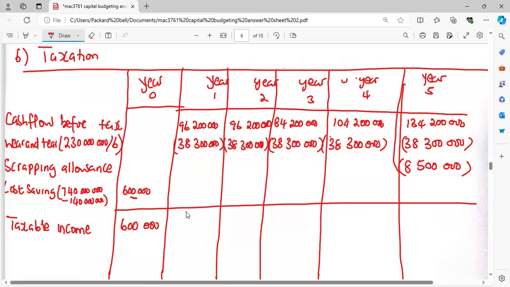This one must be the same here. Then the next one is different. We subtract the next one, and it's going to be 45,900,000.